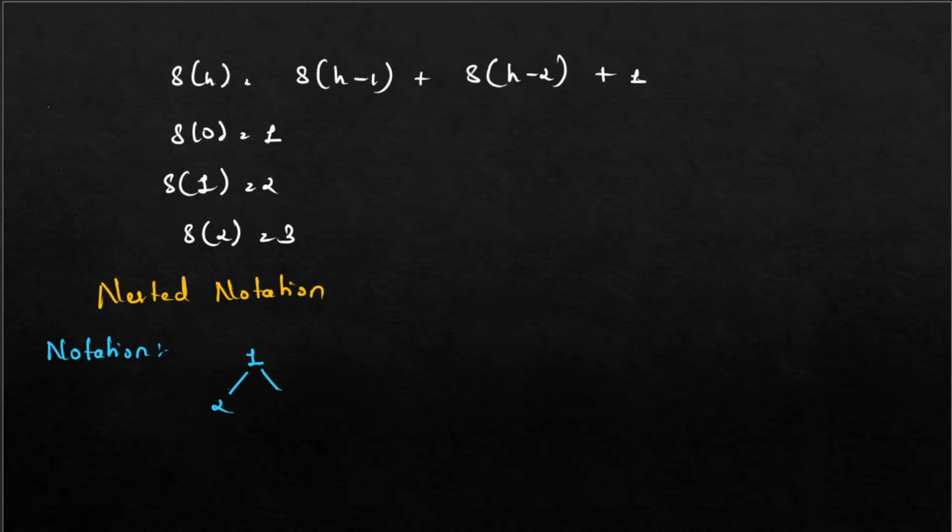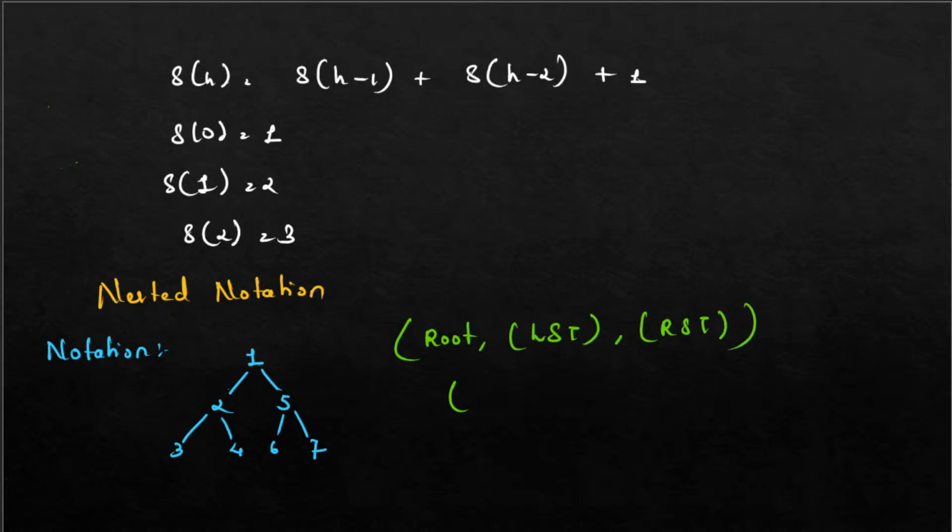Let's say this is 5, 2, 3, 4, 6, 7. So that will be root, left subtree, right subtree: 1, the left subtree will be 2, 3, 4, and the right subtree will be 5, 6, 7. Like this. Okay.